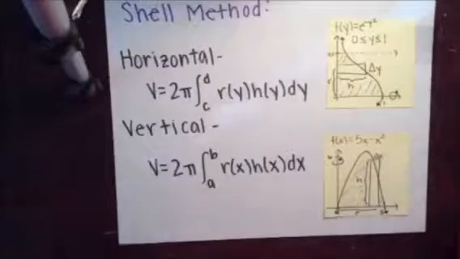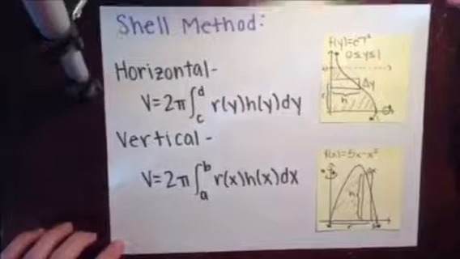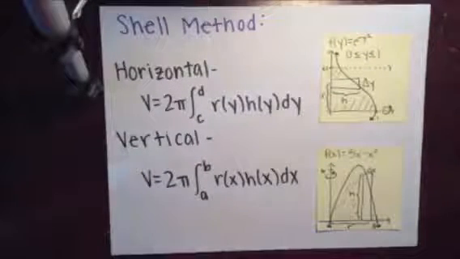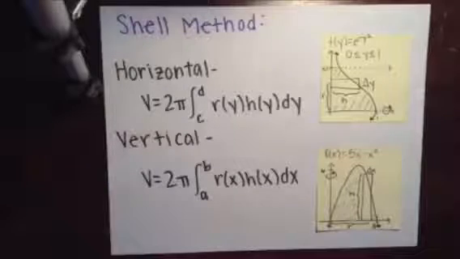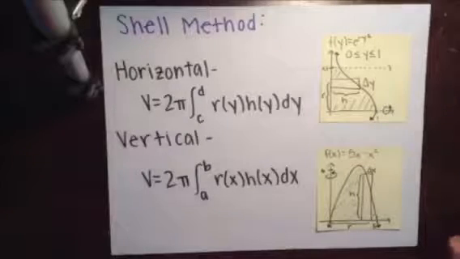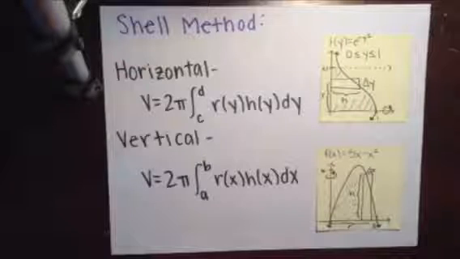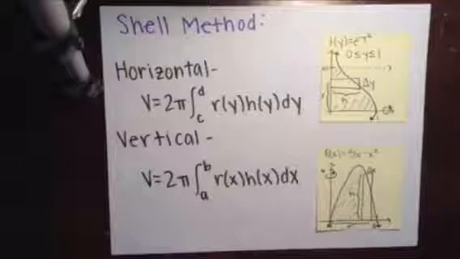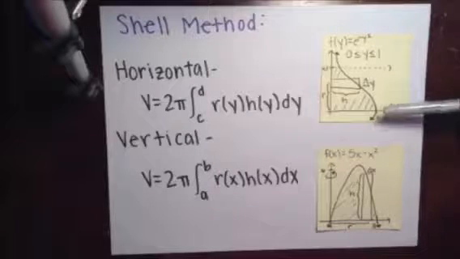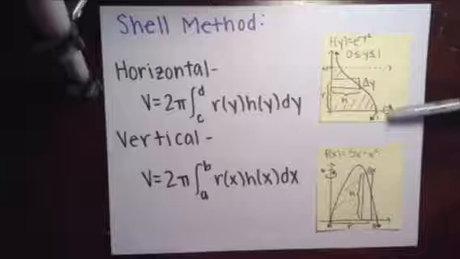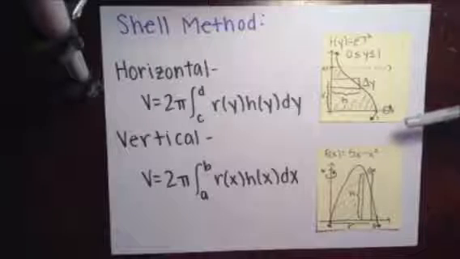So the shell method is sort of the inverse of the disc and washer methods. Before, x went with x and y went with y when we were talking about the functions and the axes of revolution. But now, for the shell method, we want the opposite. We want the function written in terms of y and the axis of revolution to be y equals 0, the x-axis.